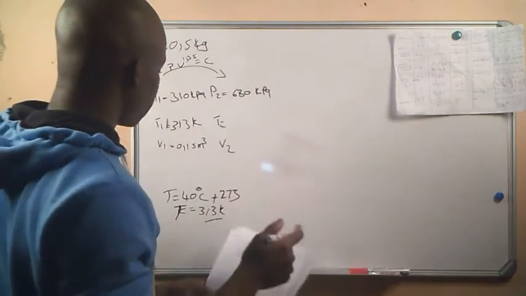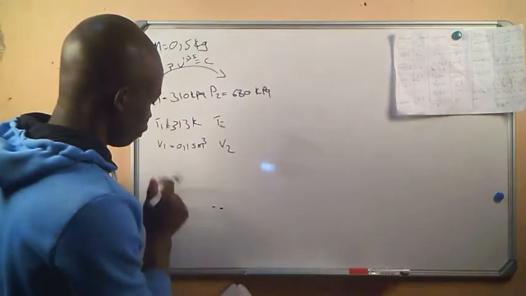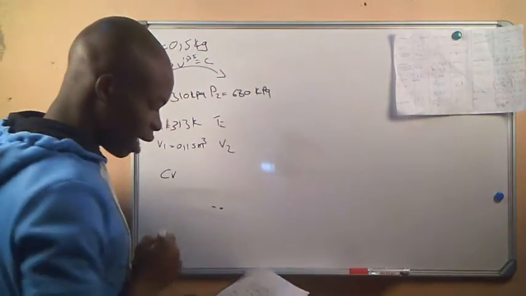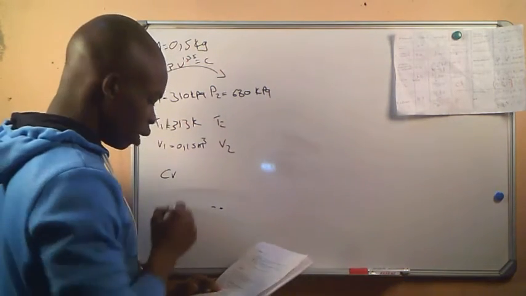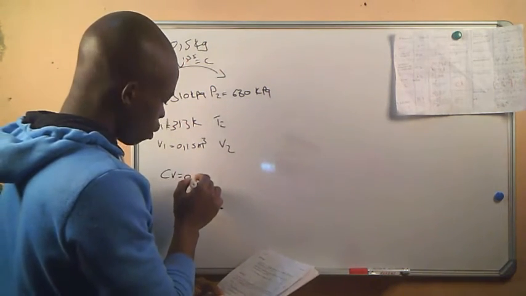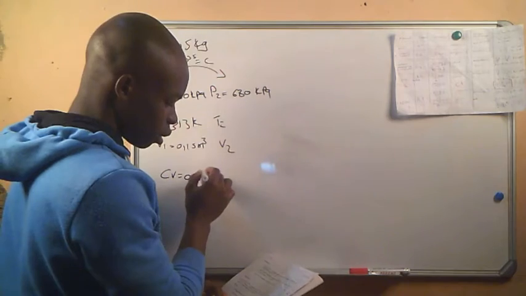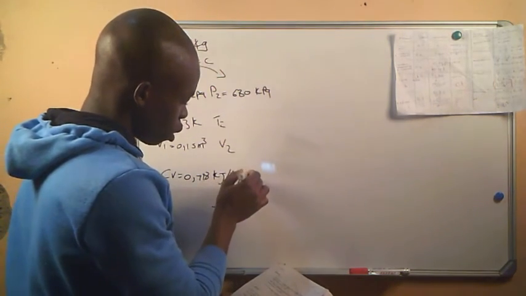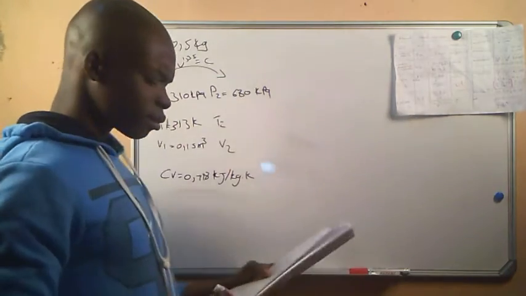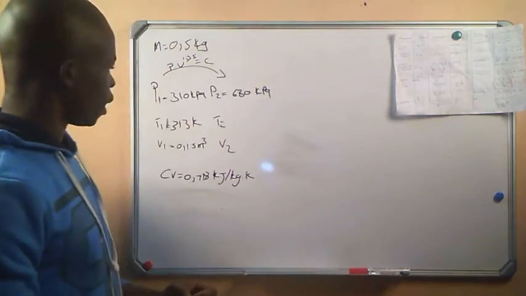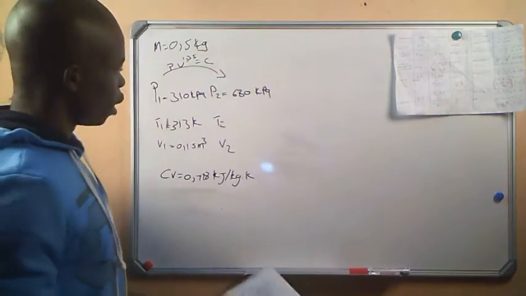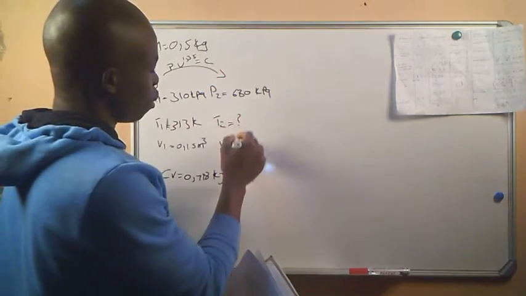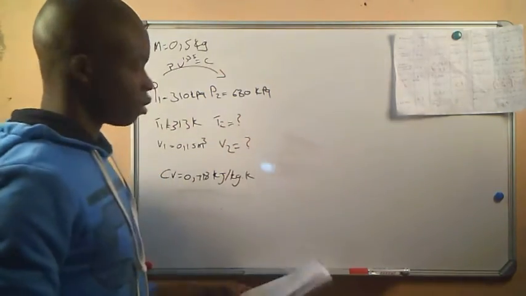And then the specific heat capacity, let's erase this. The specific heat capacity under constant volume is equal to 0.718 kilojoules per kg Kelvin. So that's everything that we have, and we do not have this, and we do not have this.